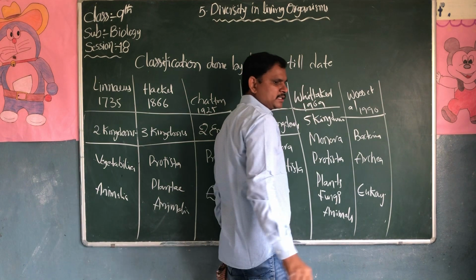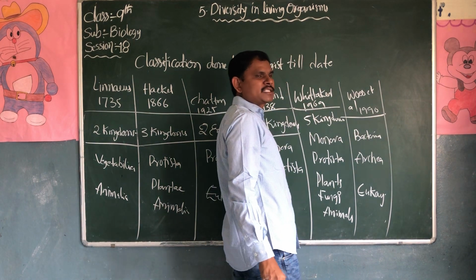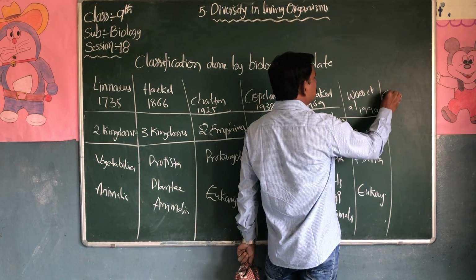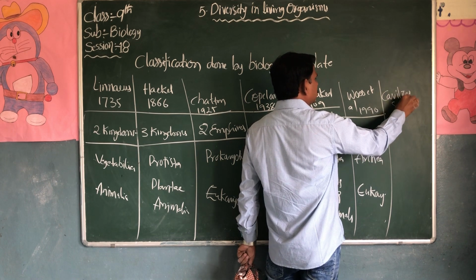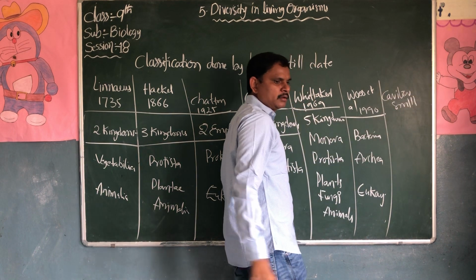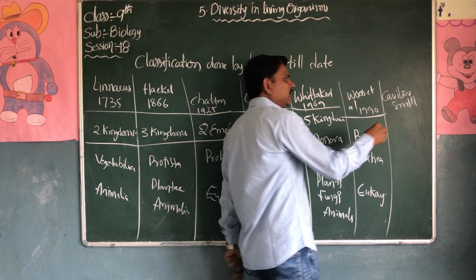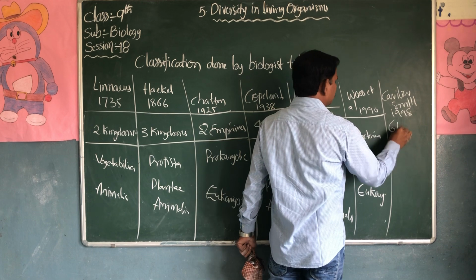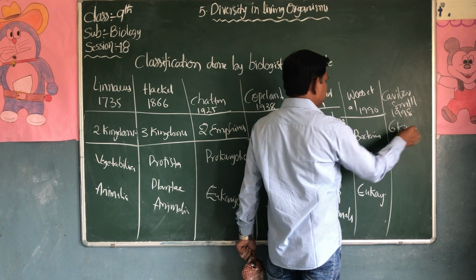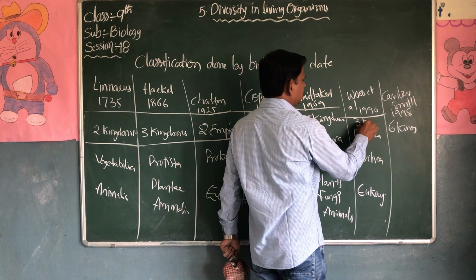The last scientist is Cavalier Smith. He divided six kingdoms in 1998. Three kingdoms.